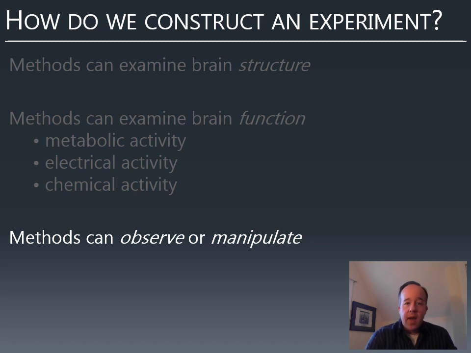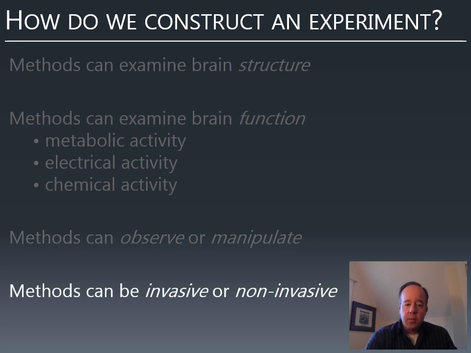This part of the brain is going to be active now because I've stimulated it electrically, or I've shut it down electrically. So those are all manipulations of the brain, and those are different from observations, where I record what the brain sort of does naturally, whether the participant is engaged in a task or not. So I can either record data about what the brain is doing without interfering with the brain, or I can change the brain, I can manipulate it.